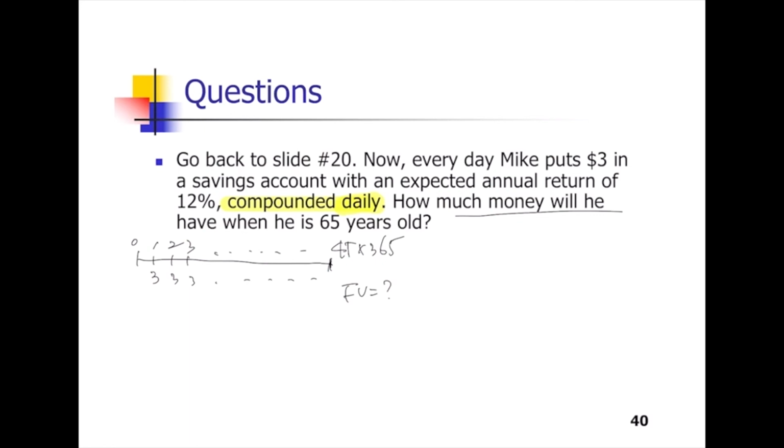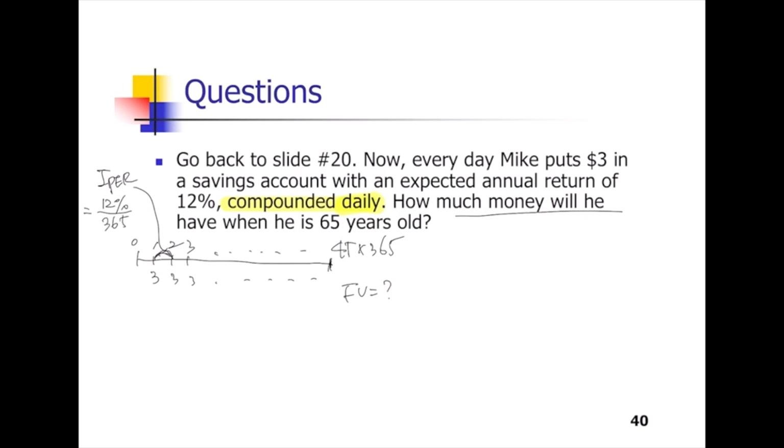Firstly you should calculate the period rate, right? The period rate can be calculated by the nominal rate over m, right? The nominal rate is 12%, but we compound 365 days, right?